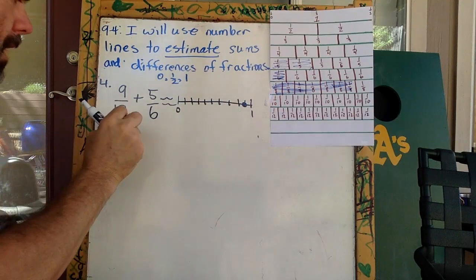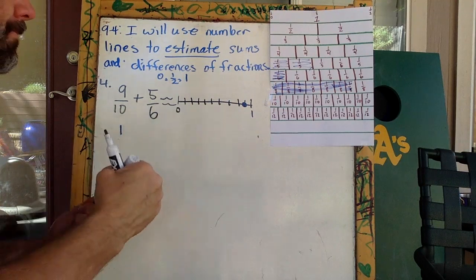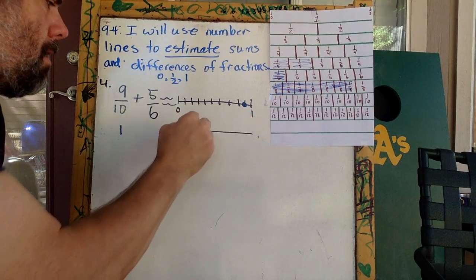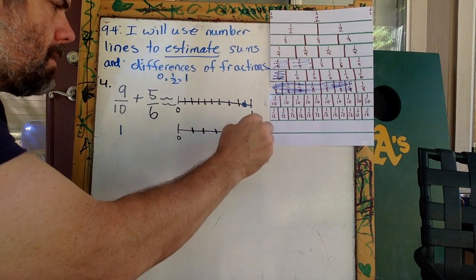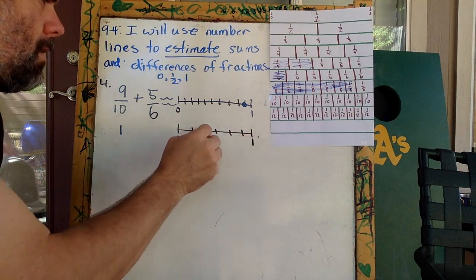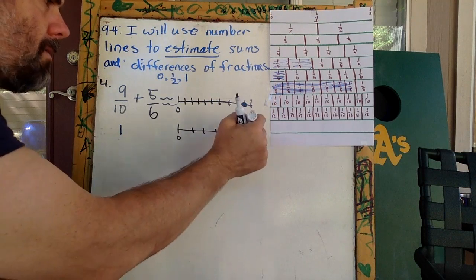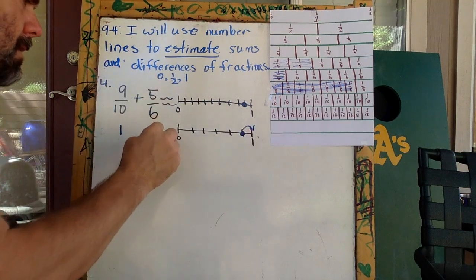So this could be rounded to 1. Now 5/6. Here's 0. 1, 2, 3, 4, 5, 6. Here's 5. 5/6 is closer to 1. So 5/6 is also rounded to 1.